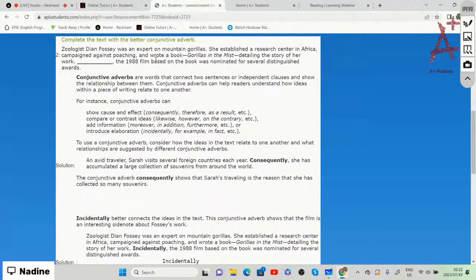Blank, the 1988 film based on the book was nominated for several distinguished awards. Right? So we need to choose a better conjunctive adverb in order to connect these two sentences.